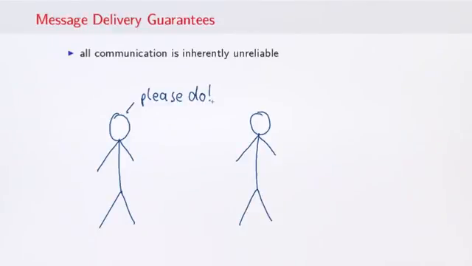What we typically do is we do not race past the other person's office and shout in, please do, because then we don't know whether the command was actually heard. What we typically do is we wait for a confirmation. Now the other person, which was listening and was hearing that this person said, please do, might respond, okay. This gives confirmation that the message was actually delivered, and then both can happily go their way.